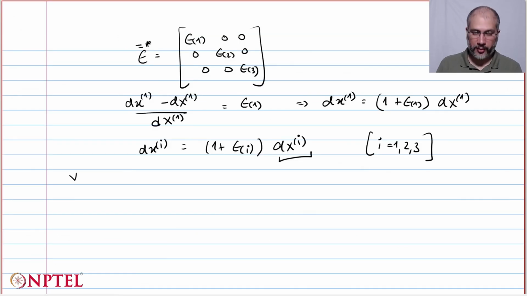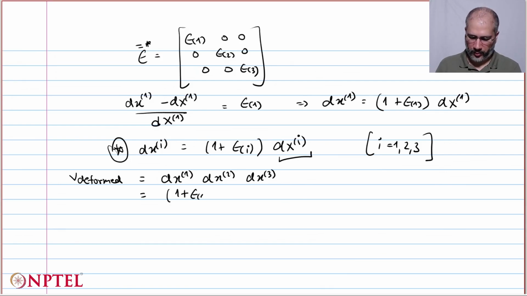And this is being done to find the volume in the deformed configuration of the cuboid, which is dx1 times dx2 times dx3, which using this relation here can be written as 1 plus epsilon 1 times 1 plus epsilon 2 times 1 plus epsilon 3 times dX1, dX2 and dX3.